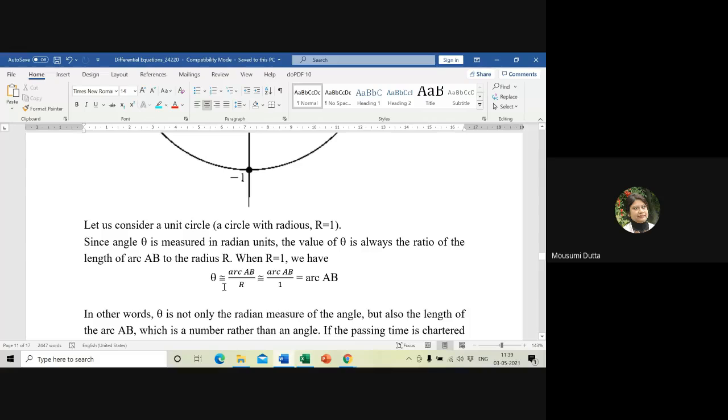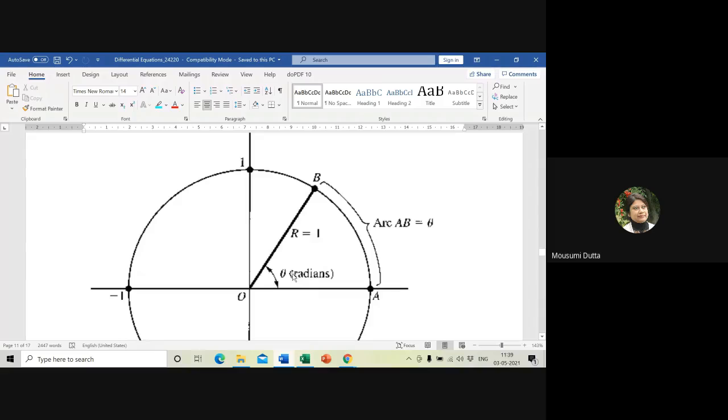Theta is approximately equal to the size of the arc AB. Though it is a non-linear component, we are using arc AB divided by radius. The formula for theta is arc AB divided by radius.